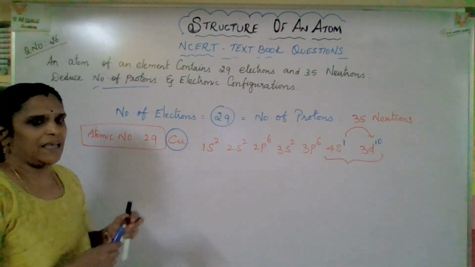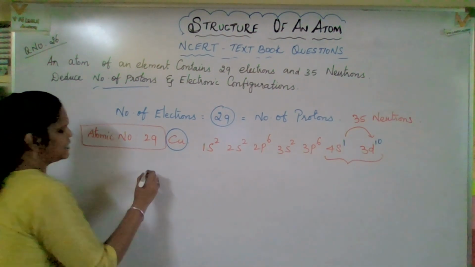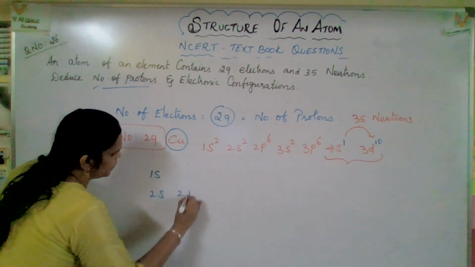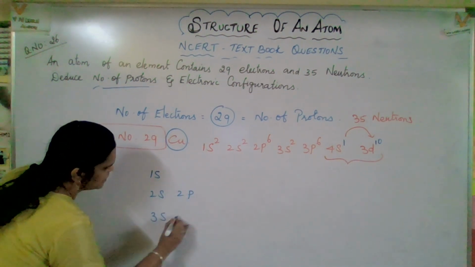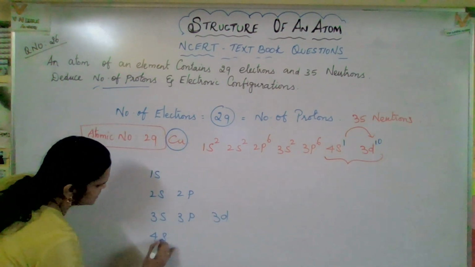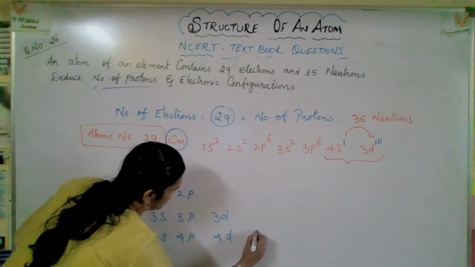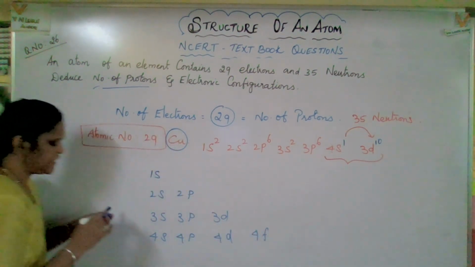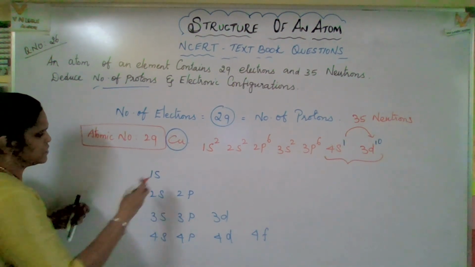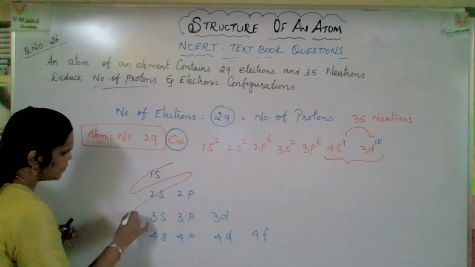Okay, come on. I just mentioned how to fill the electrons. Now, for example, 1s, 2s, 2p, 3s, 3p, 3d, and 4s, 4p, 4d, and 4f. Suppose it is like this, how to fill that? First and foremost, a ladder comes like this.